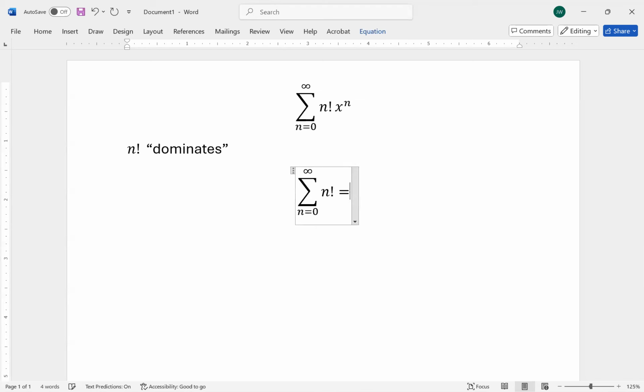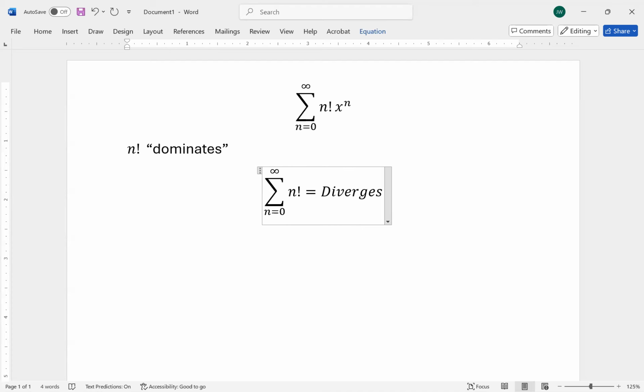Almost all, I should say. That's why I said basically. This obviously diverges. The infinite sum of just n factorial from 0 to infinity diverges.